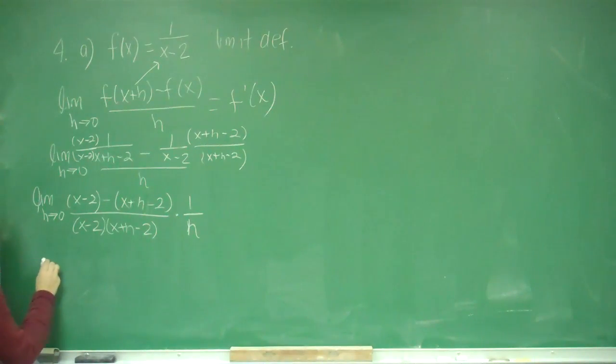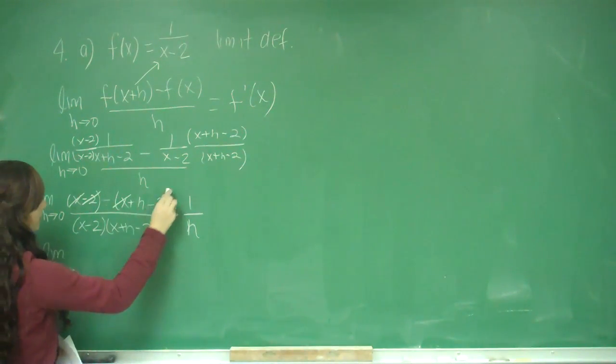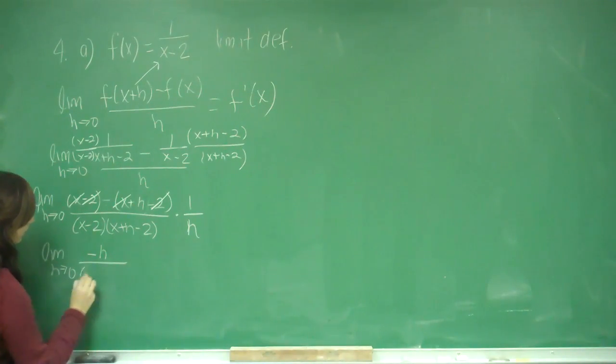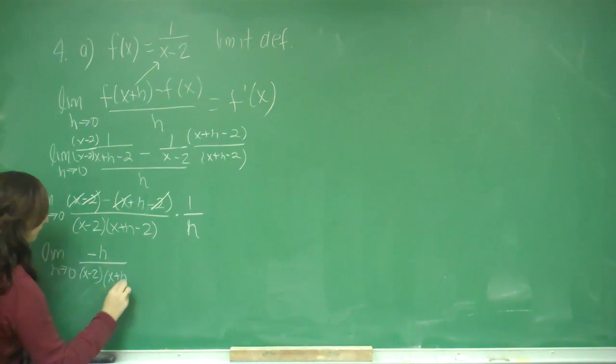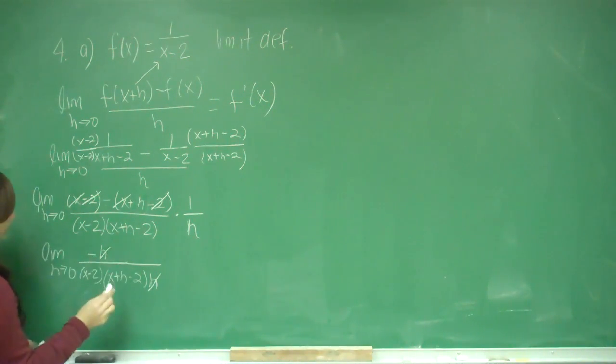Now I simplify. I get the limit as h approaches 0. My x's cancel and my 2's cancel. Negative 2 minus negative 2 is plus. So I get minus h over x minus 2 x plus h minus 2 times h. So my h's cancel.